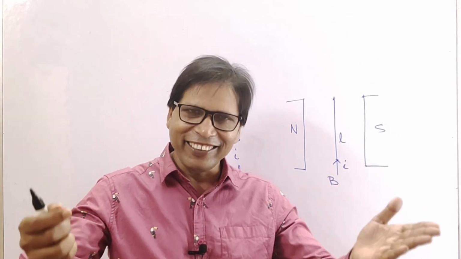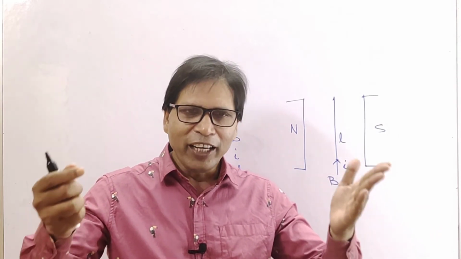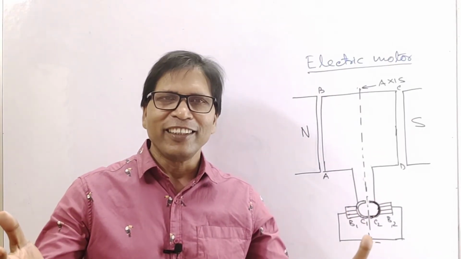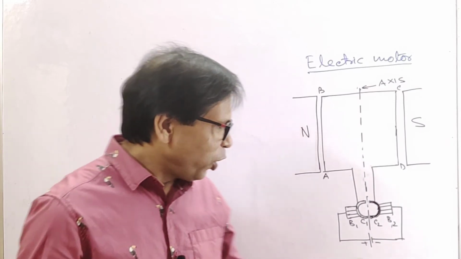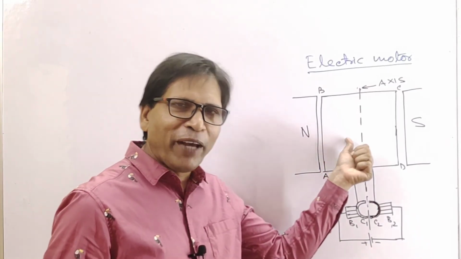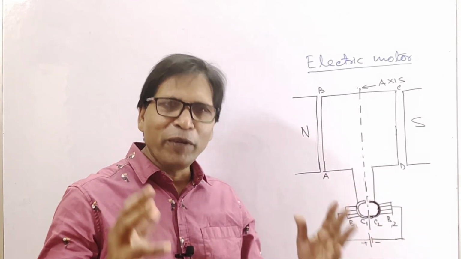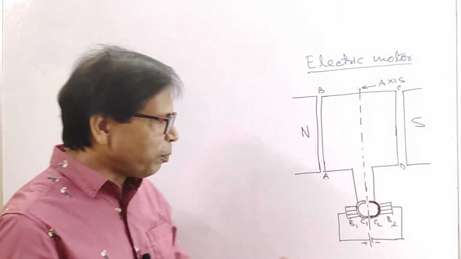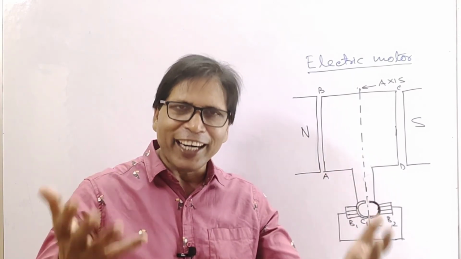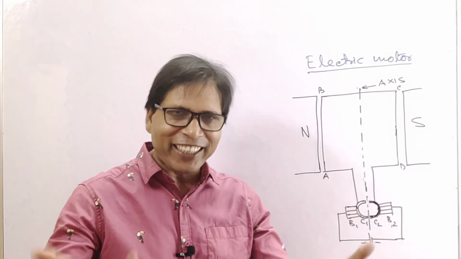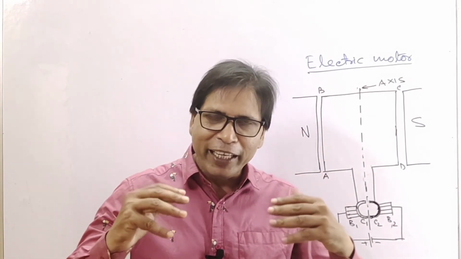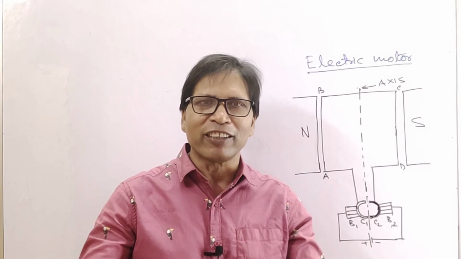Understood? Now, electric motor. First of all, the definition. It is a device which converts electrical energy into mechanical energy. The principle is Fleming's left hand rule, or that if a current carrying conductor is placed in a magnetic field, then it experiences a torque.